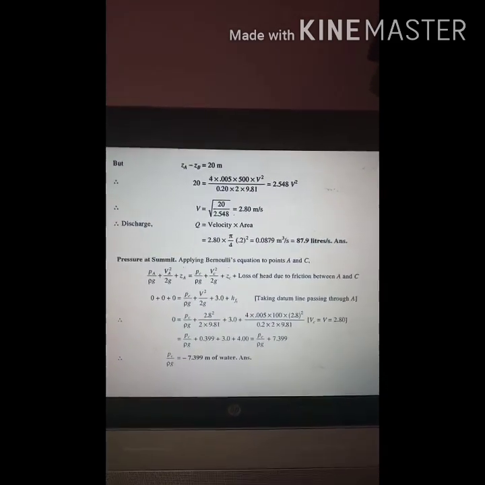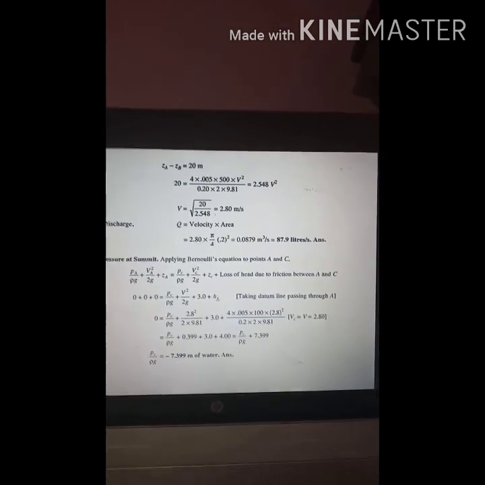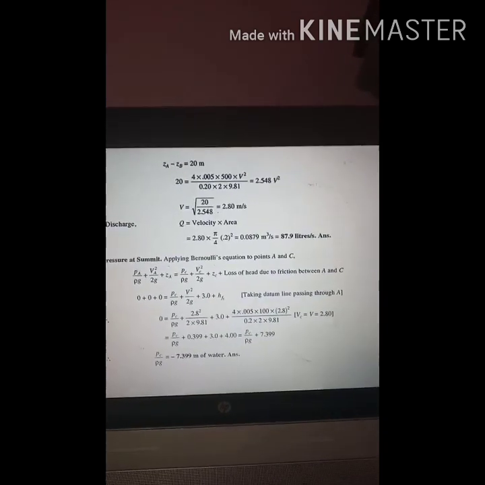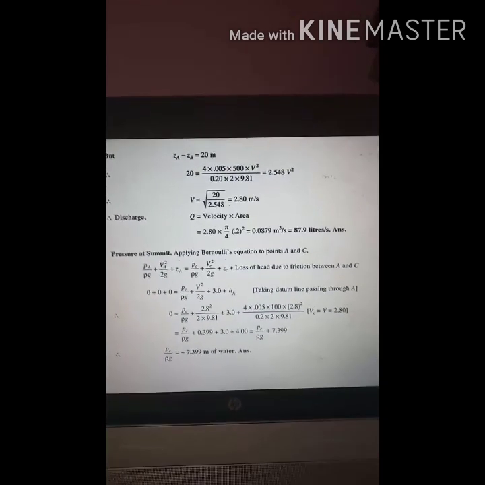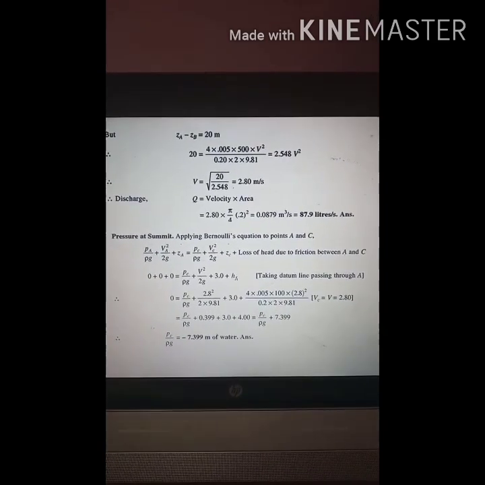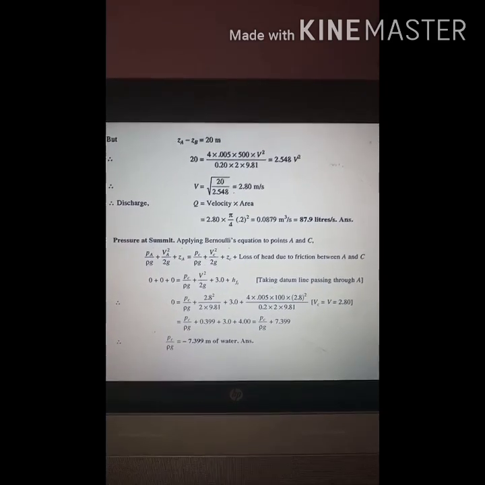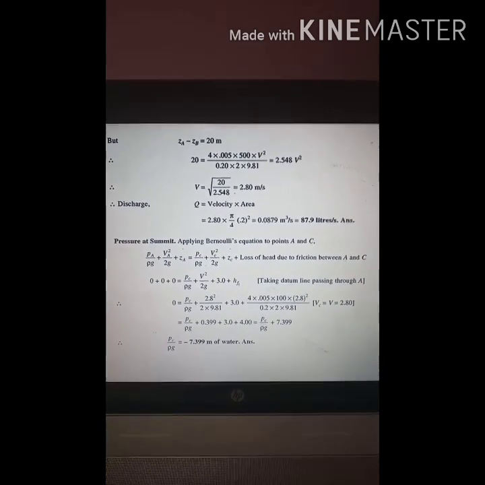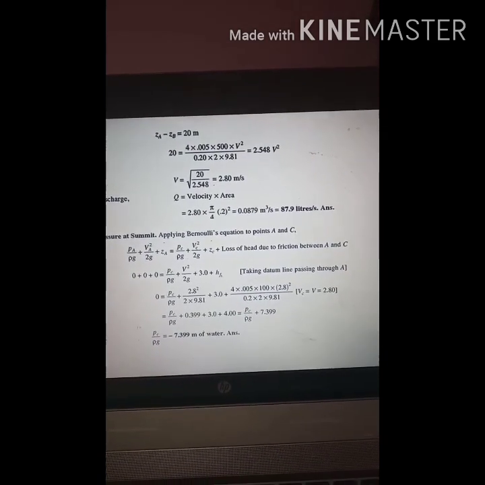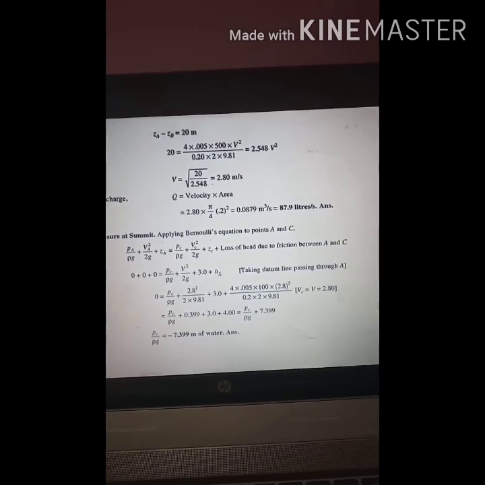It should not fall below the vapor pressure of water. So it is a favorable condition, that you can have the pressure as minus 7.399. Our condition is minus 7.6. It should not go behind minus 7.6.